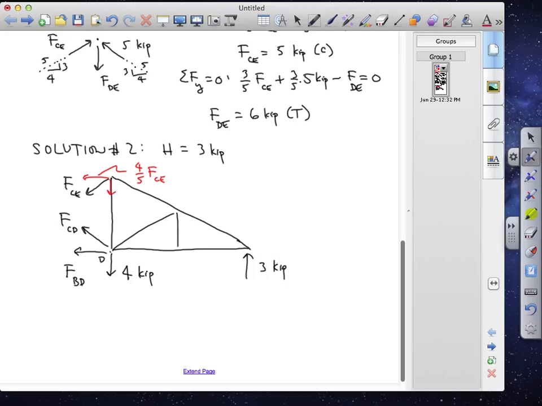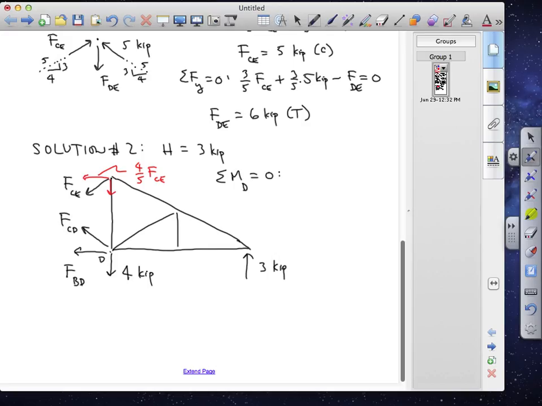So if we write sum of the moments about D equals 0, we have contributions just from the reaction at H, the 3-kip load through 16 feet, and we have a contribution from this horizontal component of FCE. Both of them are contributing counterclockwise or positive moments as we've drawn them, which means that ultimately FCE is going to turn out to be in compression here.